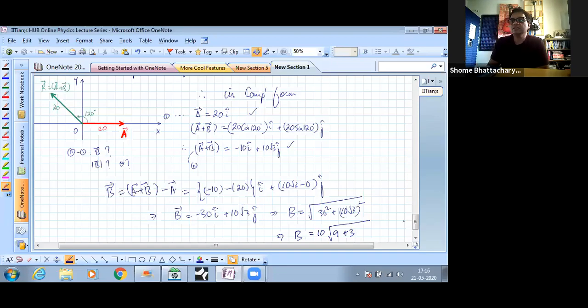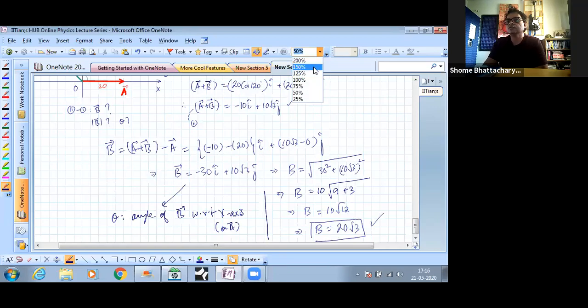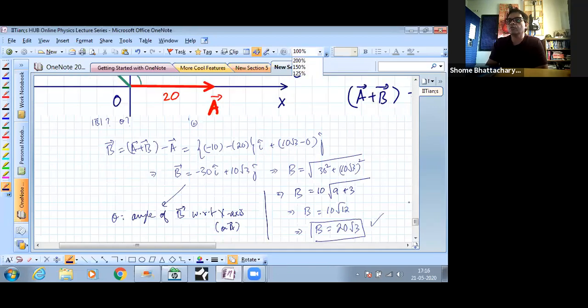Okay, so the other thing here is once you've got the vector B like this, you can see that theta, which is the angle of vector B with respect to the x-axis, which will also mean it is with respect to E, because E is already along the x-axis. So how will we find that theta? So remember that concept of component algebra.